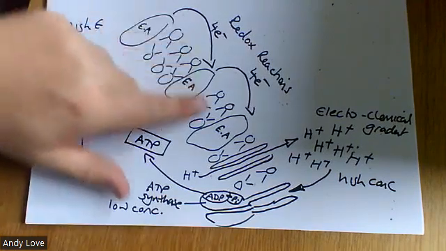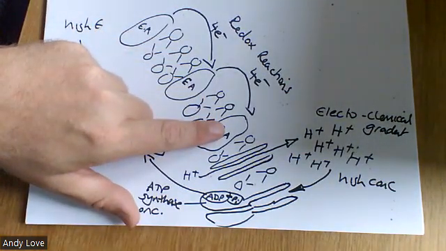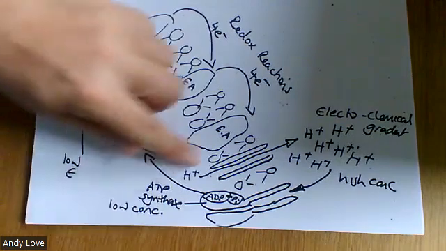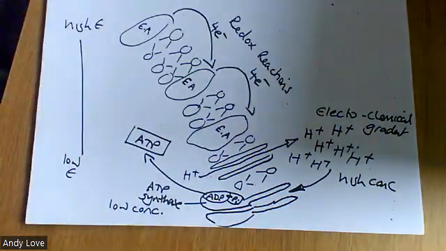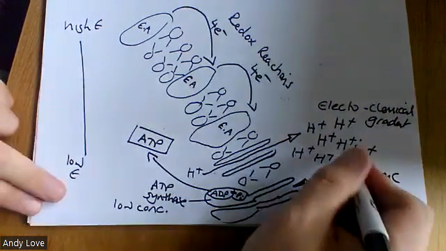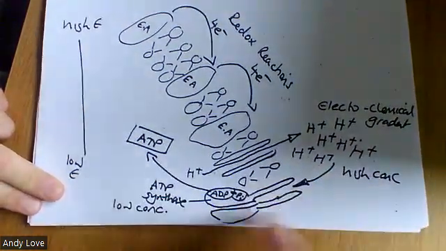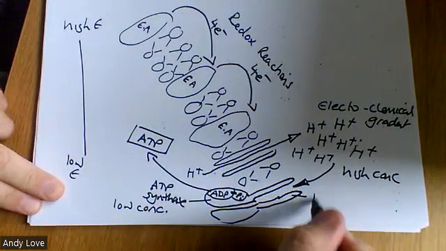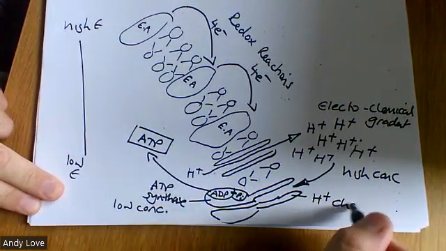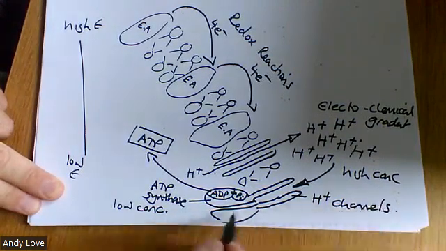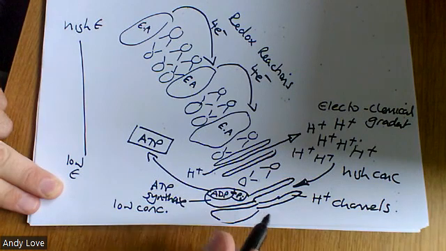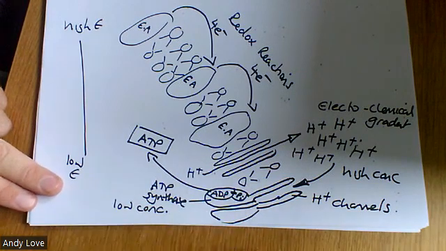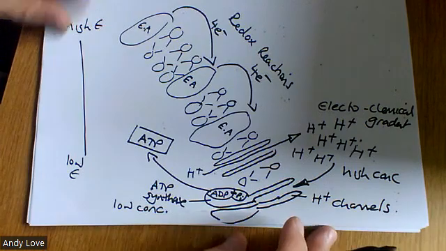So as the electrons come down the electron transport chain, they're transferring the energy to pump hydrogen ions across the membrane to create an electrochemical gradient. The electrochemical gradient comes down through a channel, through hydrogen channels, but it passes ATP synthase, which transfers the energy onto ADP and P to make ATP. Okay.